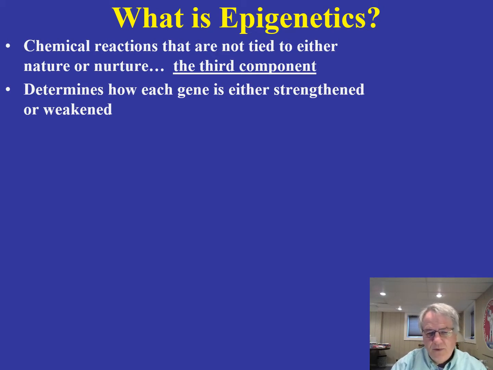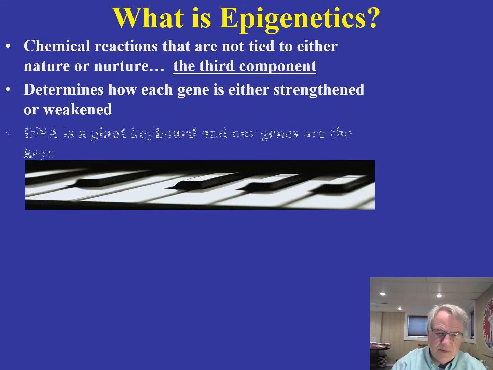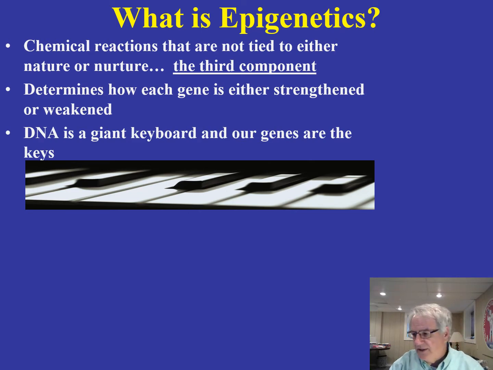So what we're really talking about here in the case of this third component, this thing called epigenetics, is that it's determining how each gene is either being strengthened or weakened. You really have to consider DNA as being like a giant keyboard, and our genes are the keys, and those keys can be struck either very softly or very hard.